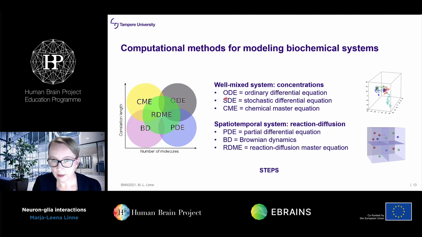In the simple case of well-mixed systems, we typically use ordinary differential equations or stochastic versions of these equations, sometimes the chemical master equation. And during the tutorials, you will get an exposure to a new tool in our field called STEPS that is able to do this spatiotemporal reaction diffusion modeling.